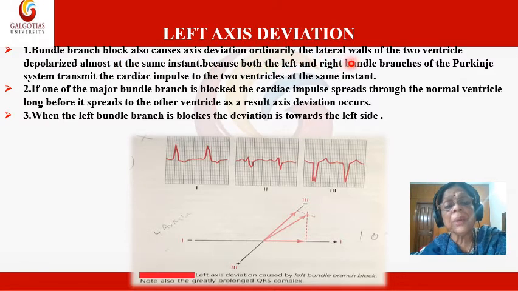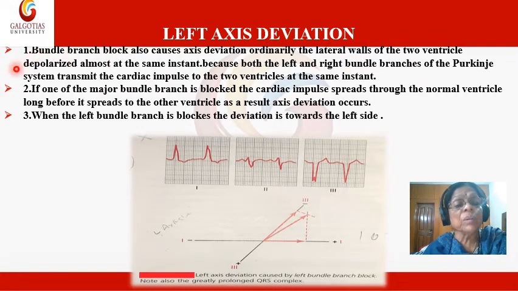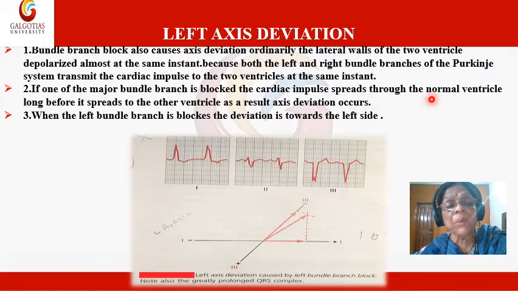Ordinarily, the lateral walls of the two ventricles depolarize almost at the same instant because the left and right bundle branches of the Purkinje system transmit the cardiac impulse to the ventricles at the same instant. If one of the major bundle branches is blocked, the cardiac impulse spreads through the normal ventricle long before it spreads to the other ventricle.